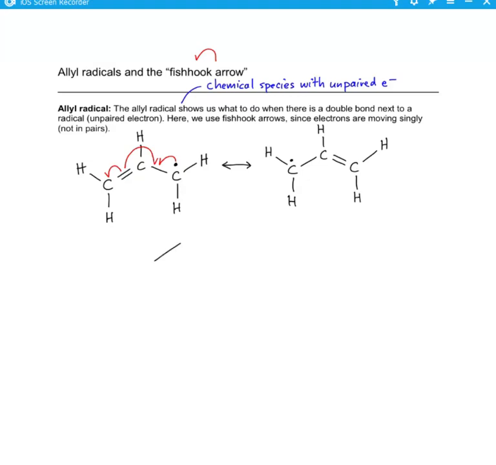Now let's repeat that using the skeletal format. So split apart two electrons from the double bond, and then bring one of them into a new double bond with the unpaired electron that's on the right side of the original structure.